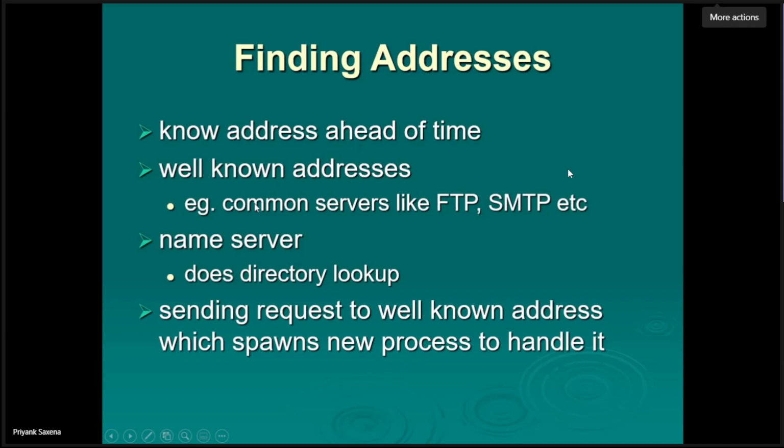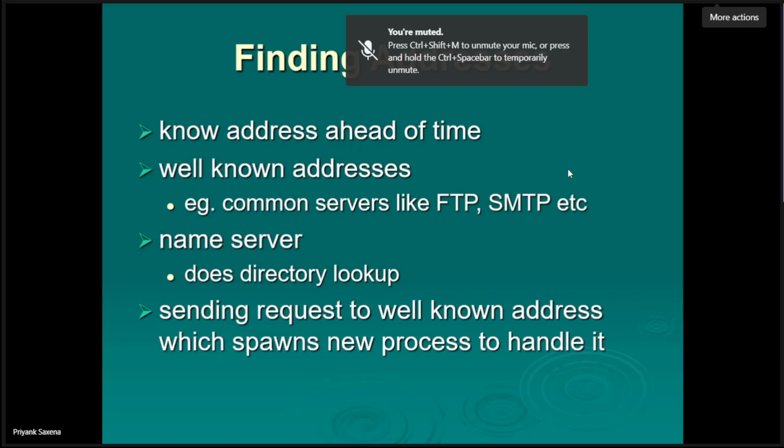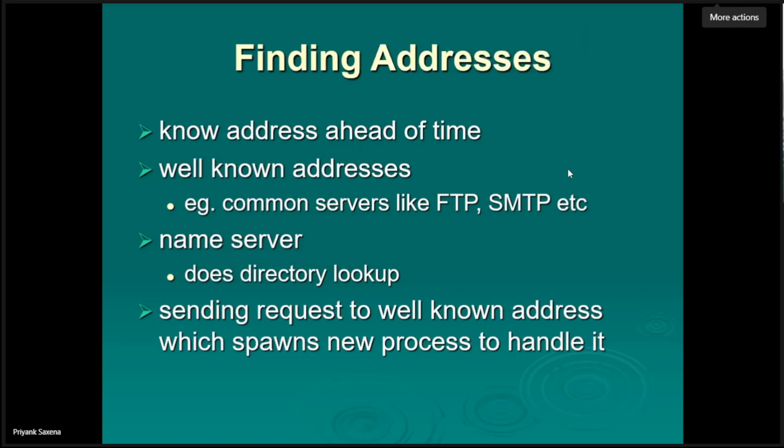Some of the addresses are well known, like well defined services such as FTP and SMTP. For them the port numbers are fixed, right? Otherwise there is a provision of a name server. The host requests the name server to provide the port number. The name server looks up the directory and provides the port number of the process, right?